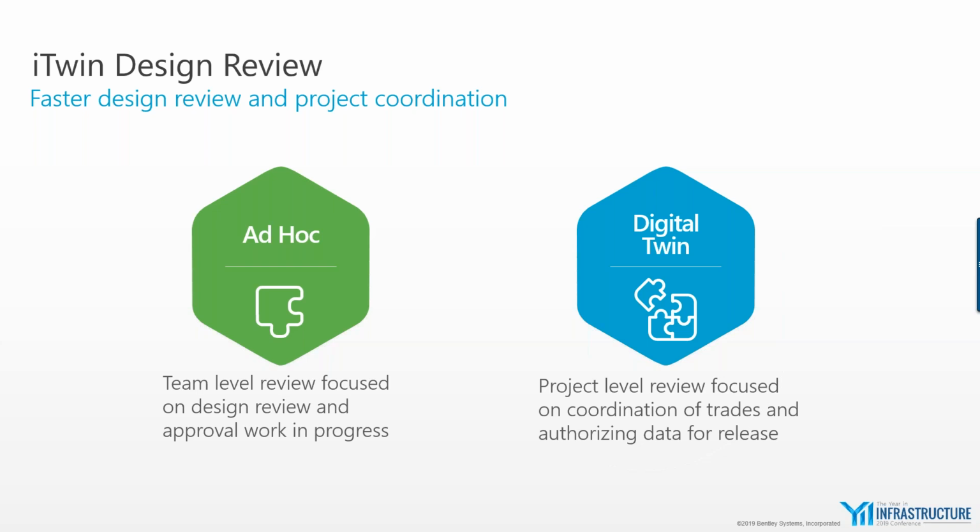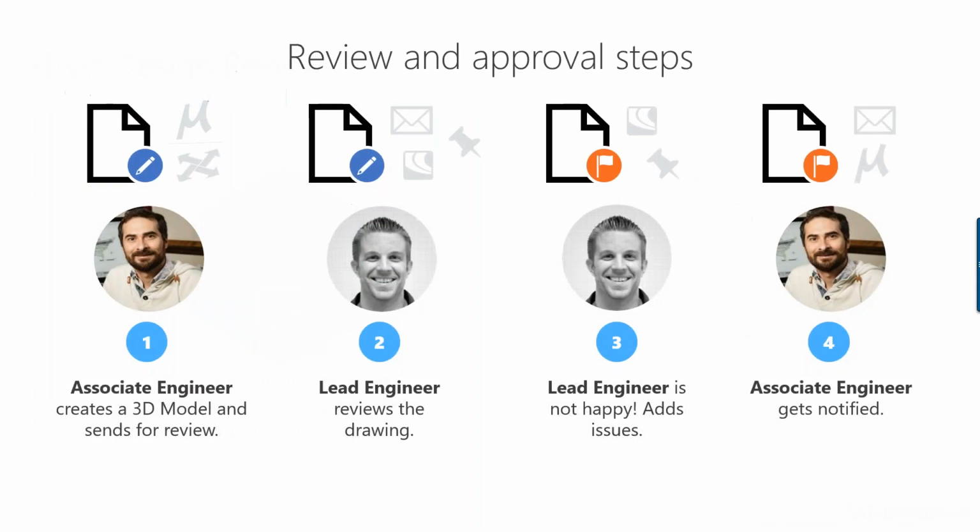So in this case, you might be curating a large digital twin for a large project with a lot of different moving parts, and throughout that project, you might need to do design reviews. On this webinar, we're actually going to be focusing on the ad hoc or team-based review. That again makes it very easy to get up and running with a review session and provide feedback.